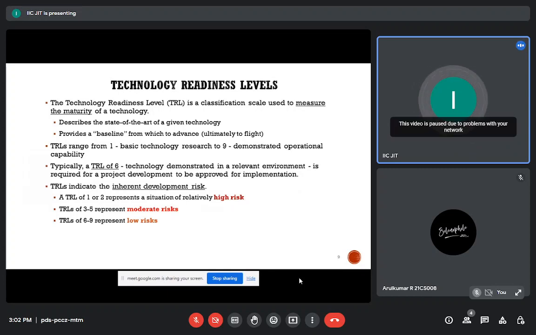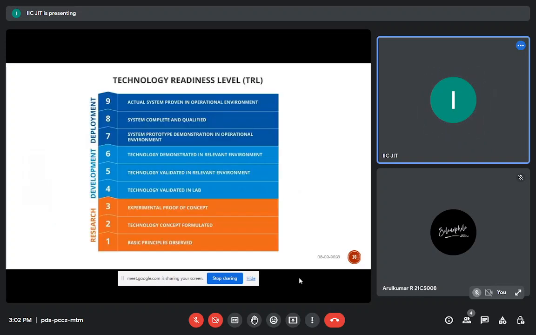What is TRL? Tell me. I can't hear you. Technology readiness levels. Now, next slide. Simply speaking, this is not very accurate. You also need to understand that this is not a hard border. It's an overlapping border between 1 and 2, 2 and 3.